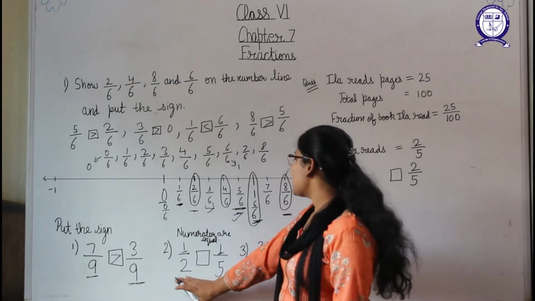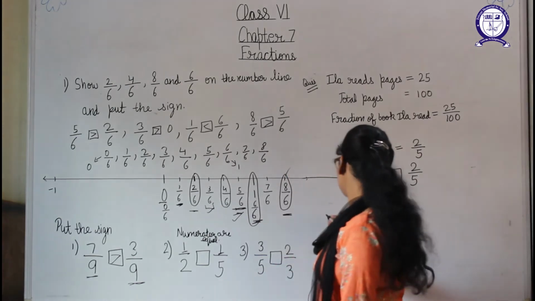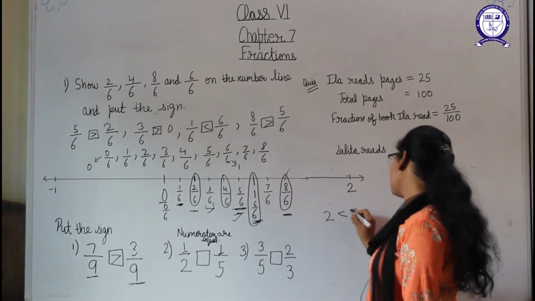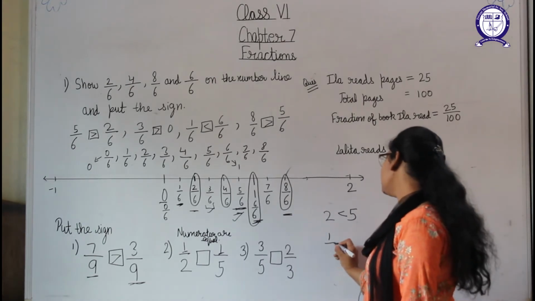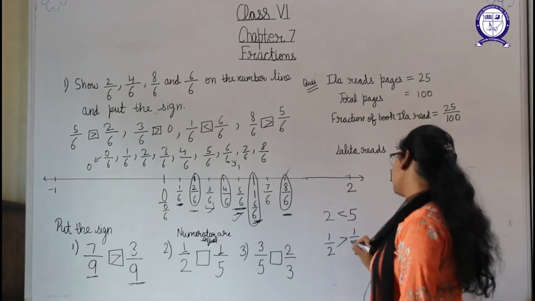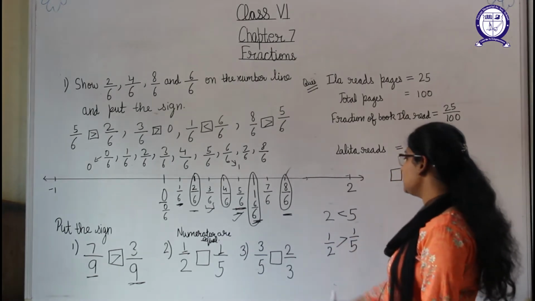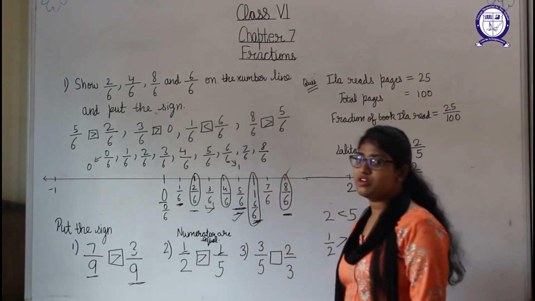Okay, it means as here 2 is smaller and 5 is greater, but in the case of fractions we have to change the sign. Okay, it means 1 by 2 is the greater fraction and 1 by 5 is the smaller fraction.